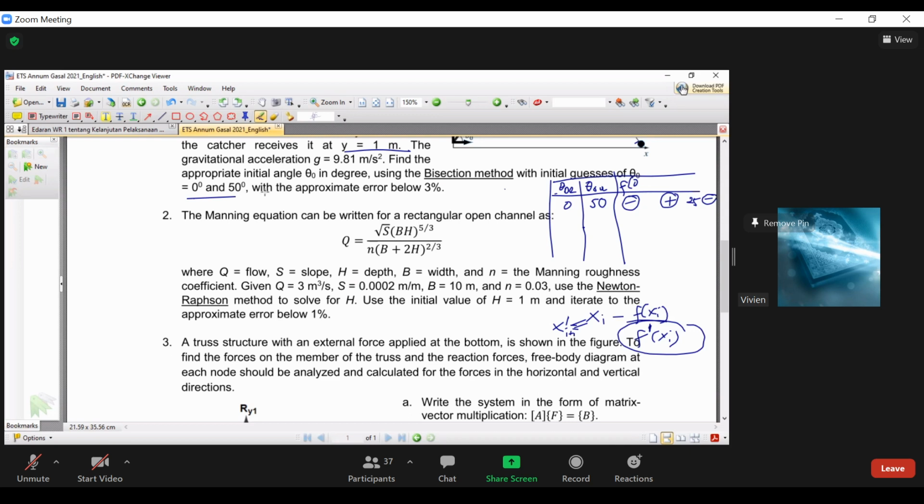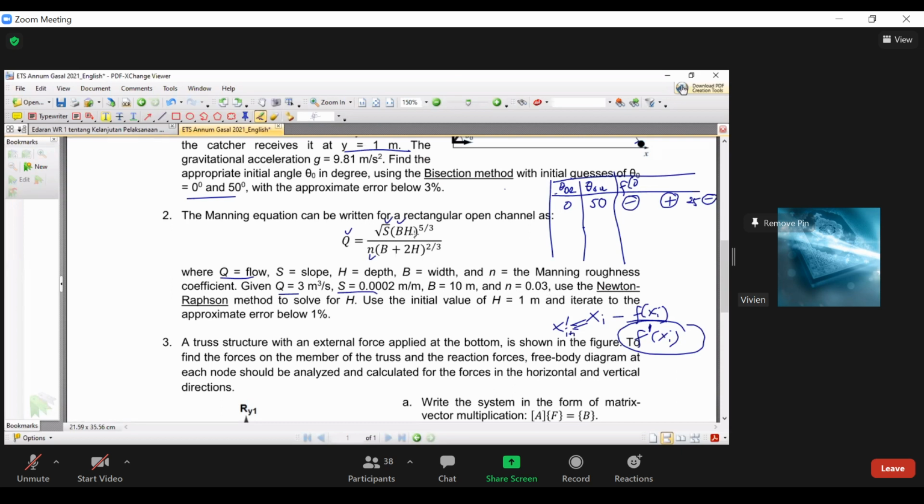identify the function. Because this is a problem of finding the root, we see here that Q is the flow rate, S is the slope, H is the depth, P is the width, and N here is a constant value of the Manning roughness. We have the value for Q already, so this is a constant. We have S, we have P, and then we have N, which is 0.03.